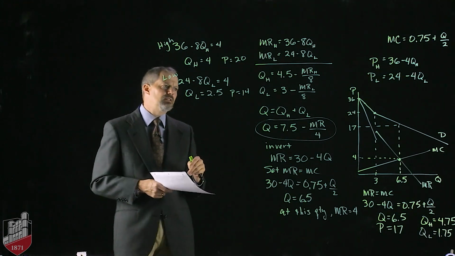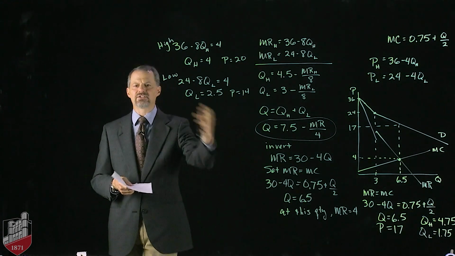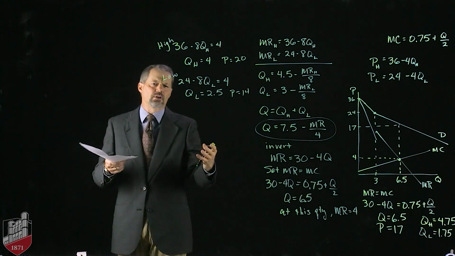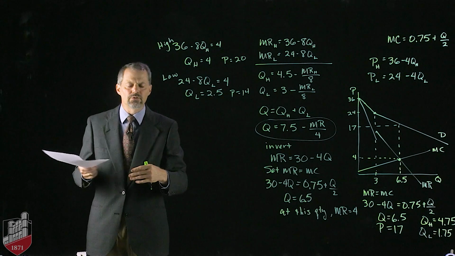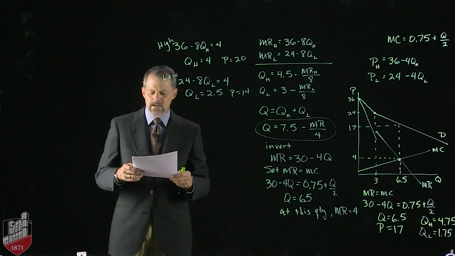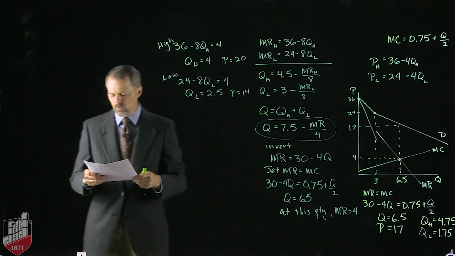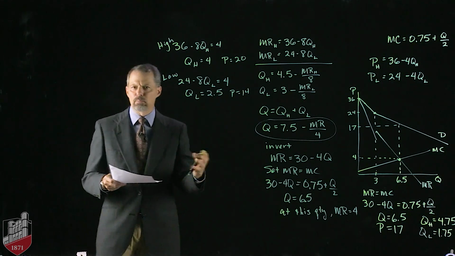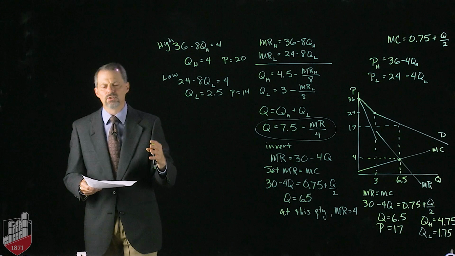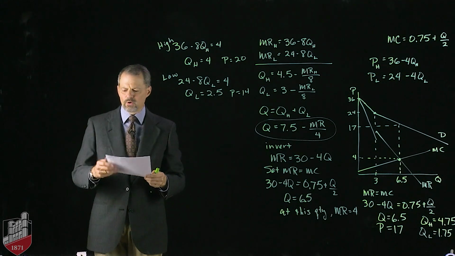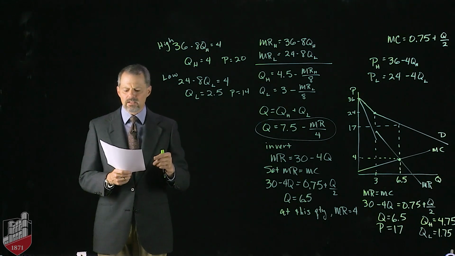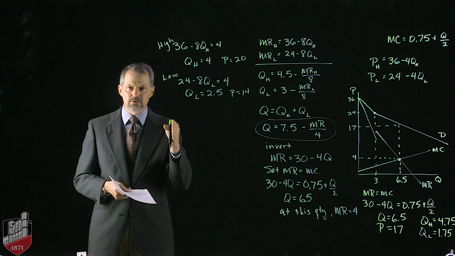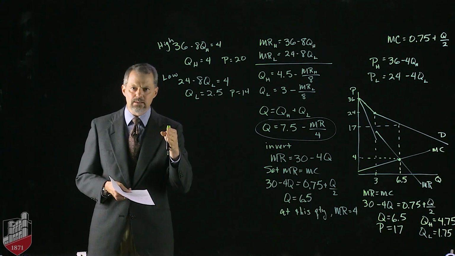Let's talk, finally, about the impact of this price discrimination on social welfare. In other words, does it increase total surplus or decrease total surplus or have no effect on it? I'm not going to go through a proof of this because it wouldn't be useful. It's okay to just know that it depends on whether or not total output in the market increases or decreases or stays the same.